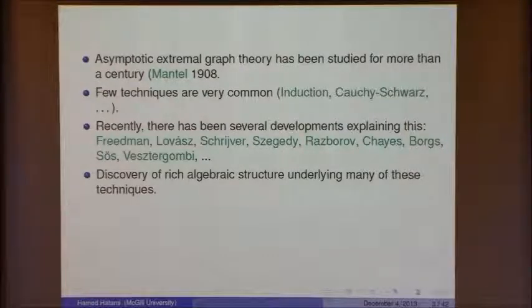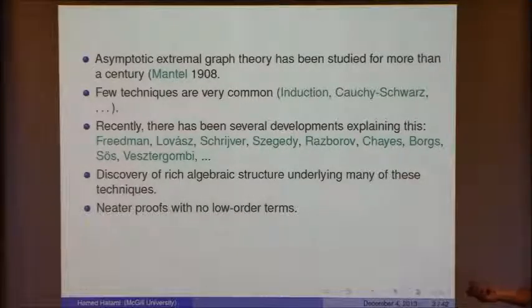It turns out there is a rich algebraic structure underlying many of these techniques, and that explains these things. As a consequence, we find neater, softer proofs, as for example what Terry was talking about in the previous talk. We can get rid of epsilons and lower order terms, and proofs look neater.